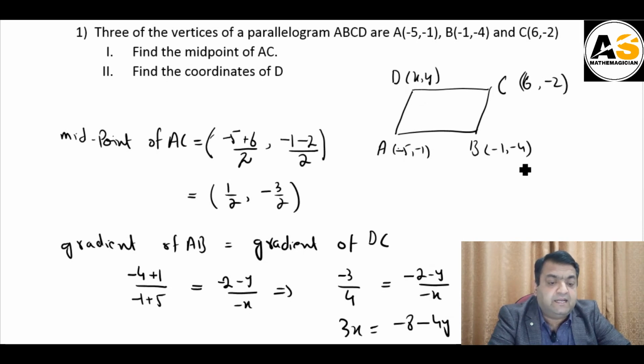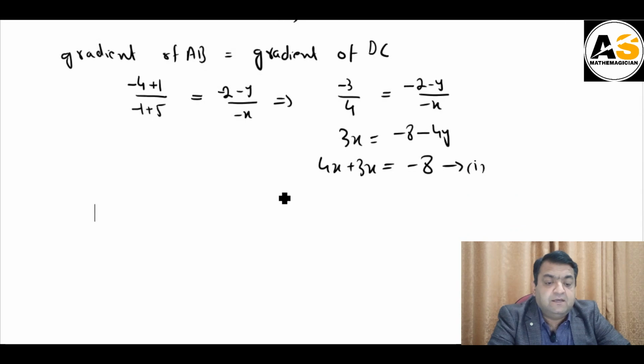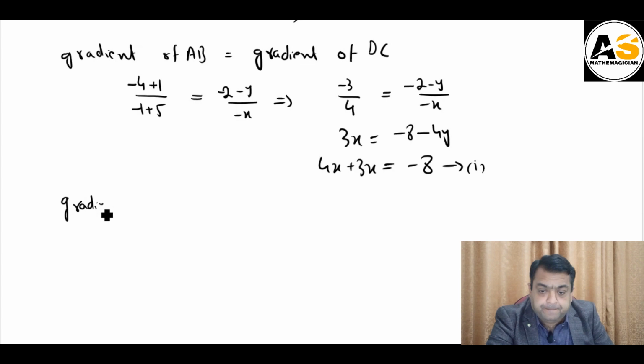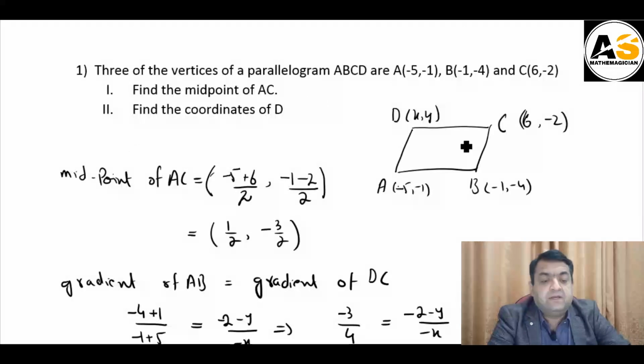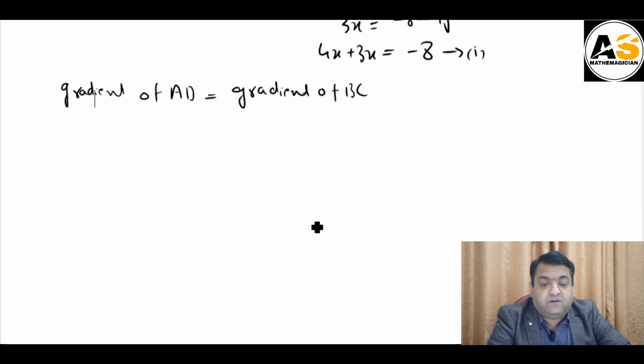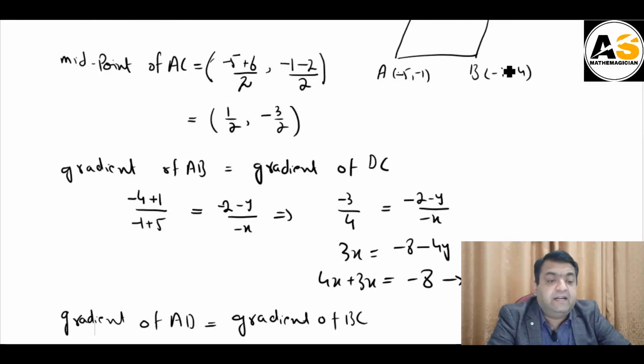Now I will take the gradient of AD and the gradient of BC. What is the gradient of AD? It is equal to the gradient of BC. The gradient of AD is (y plus 1) over (x plus 5), equal to the gradient of BC.